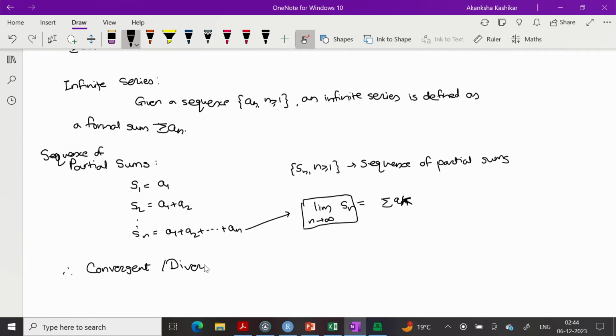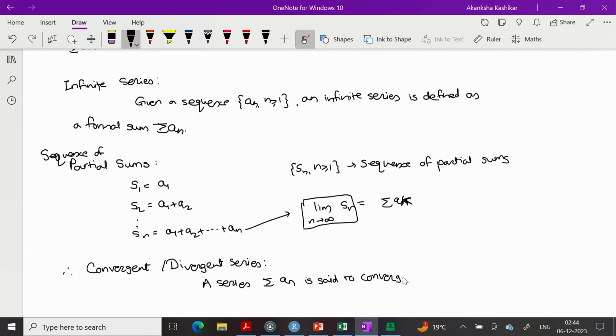Convergent or divergent series. A series summation a_n is said to converge or diverge, I will keep this in bracket, if the corresponding sequence of partial sums converges or diverges.